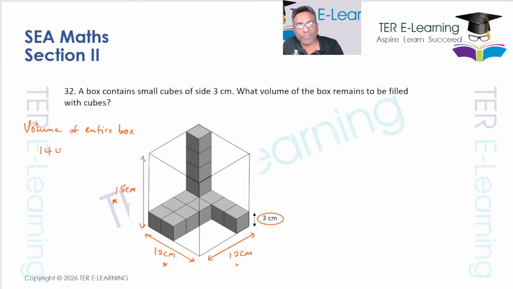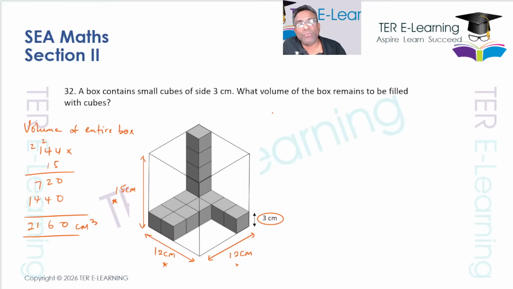So we just need to take 144 multiplied by 15. 5 4s are 20, and 2 is 22. 1 5 is 5, and 2 is 7. 0, 4 4s, 16, 1 is 2160. So that's the volume of the whole box, 2160 cm cubed.